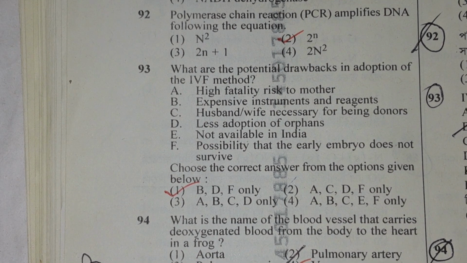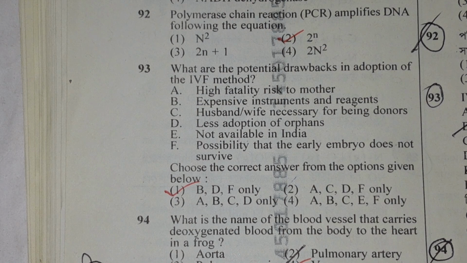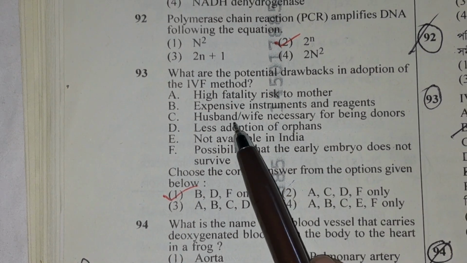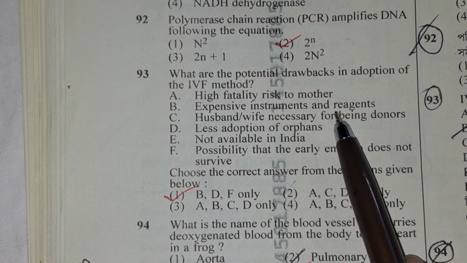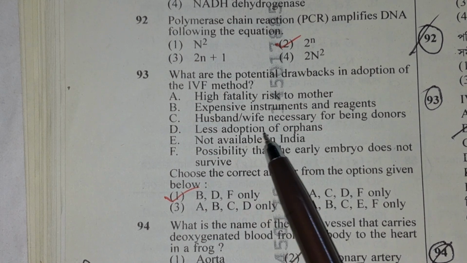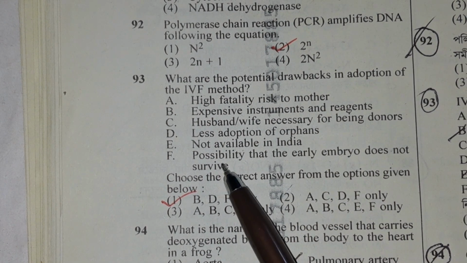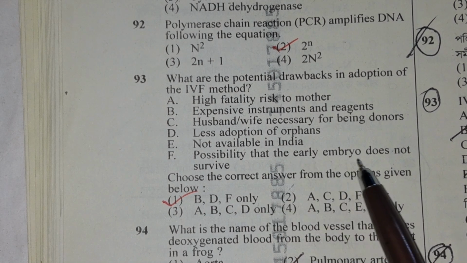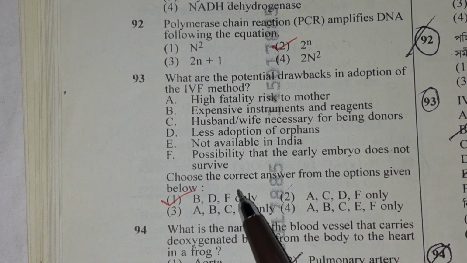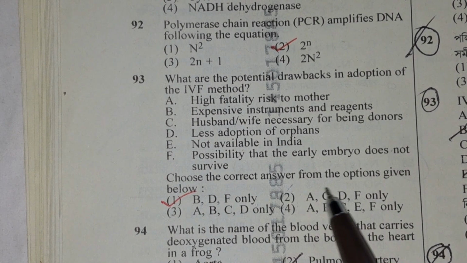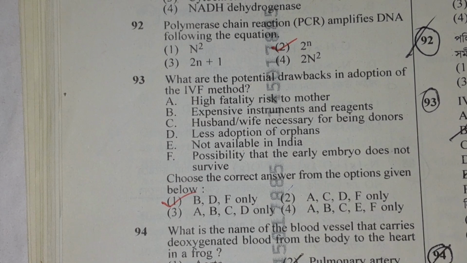F. Possibility that the early embryo does not survive. B is right, expensive instruments and reasons. D is right, less adoption. F is right, possibility that the early embryo does not survive. So the right answer is B, D, F only. Option 2 is wrong, 3 wrong, 4 wrong.